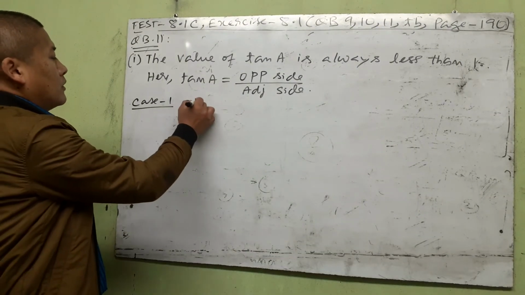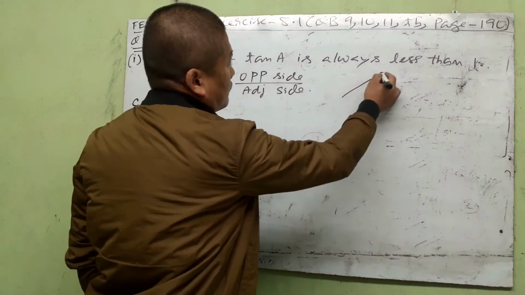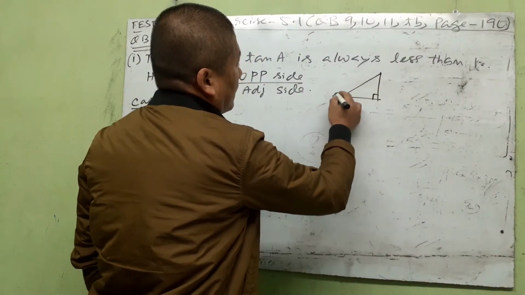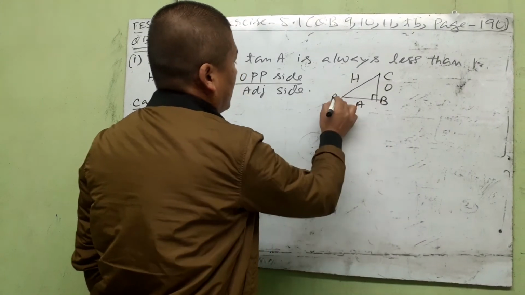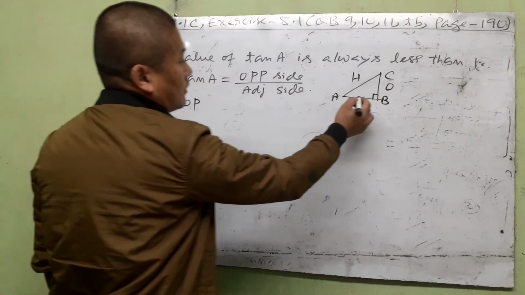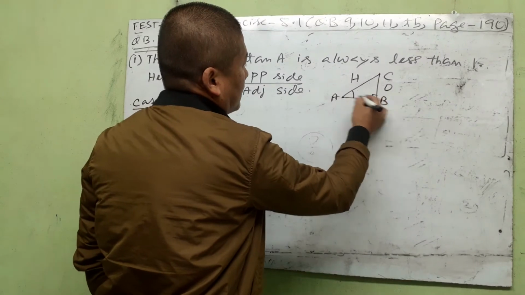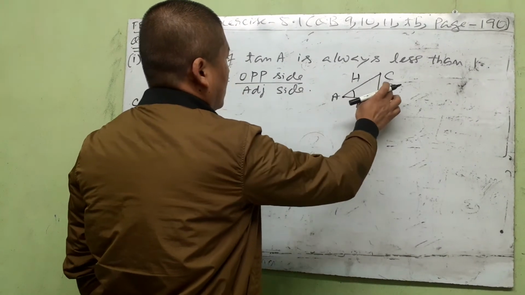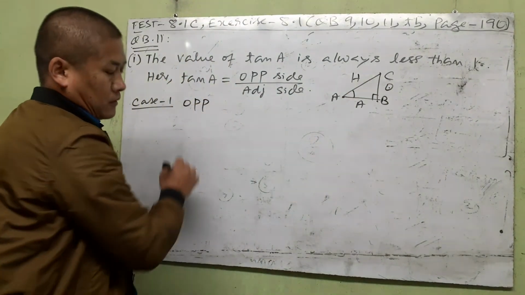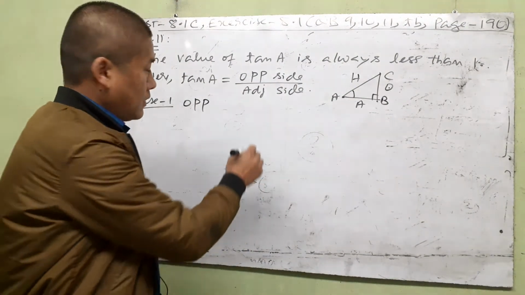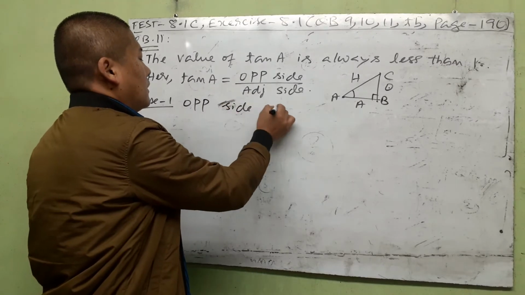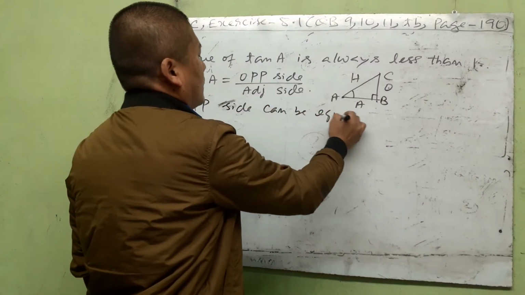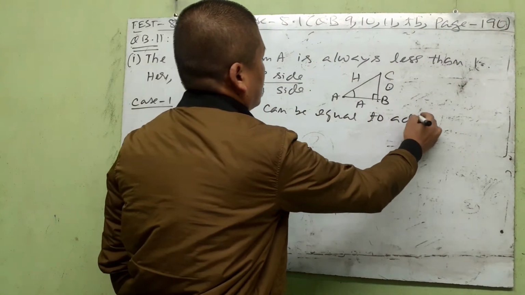That's quite true. What we mean is if there is a right triangle and this is A, then B, C, then this is opposite, adjacent, hypotenuse. Here tan A. So the two arms of A are AB, AC. So opposite, adjacent. Opposite side can be equal to adjacent side or not.